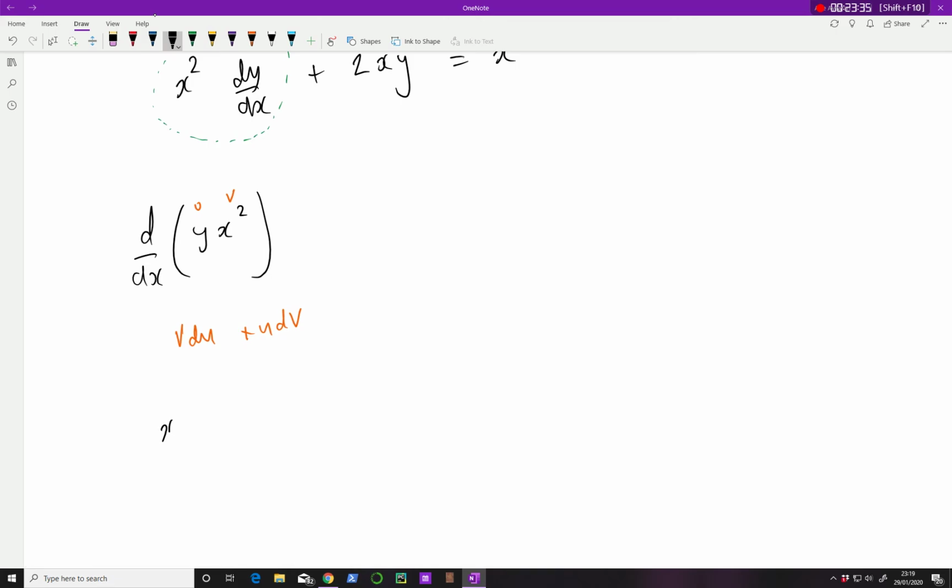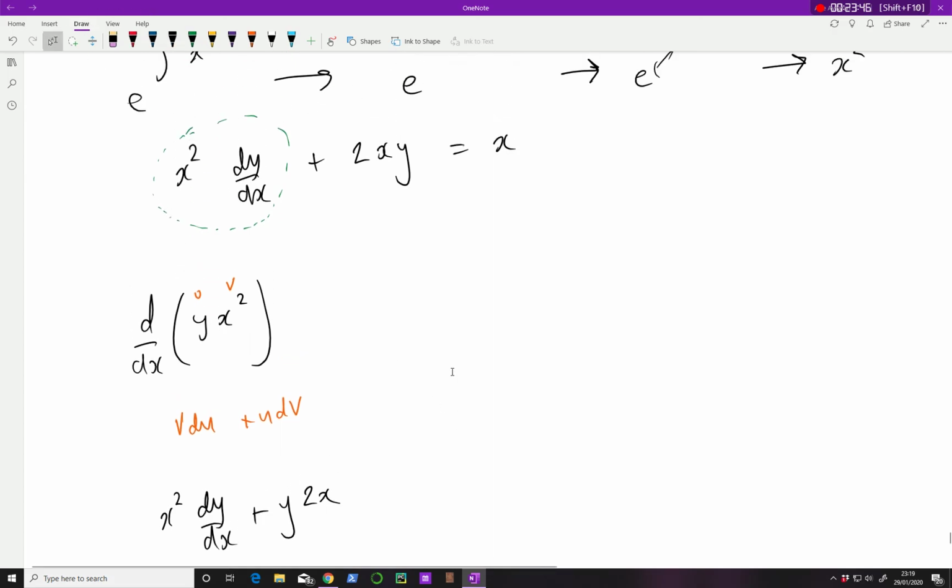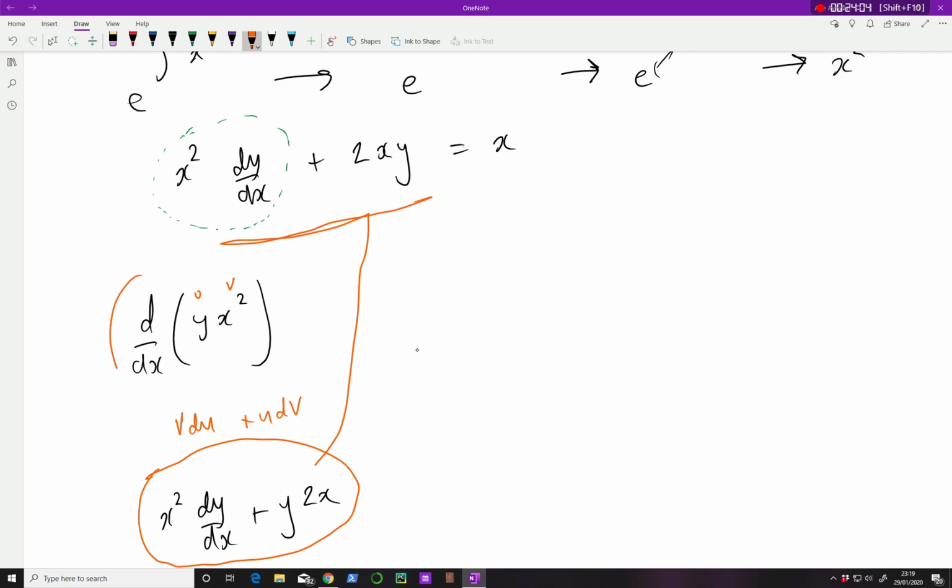So v is x squared and du is just dy by dx. u is y and dv is 2x. And as you can see here, this whole thing is the same as this.